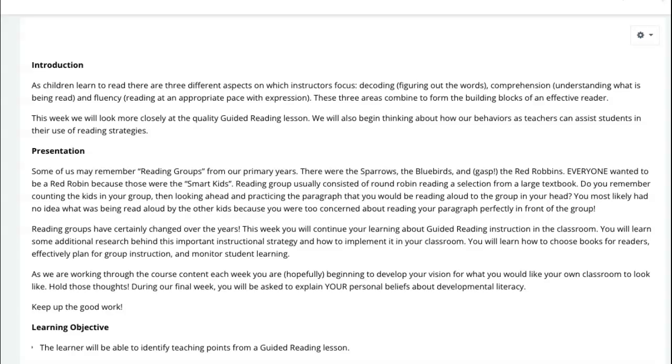For example, if you want an early reader to read without pointing under each word, you would prompt, "Read it with your eyes." But before you can use that prompt, you have to teach the prompt, which means that you're going to demonstrate reading a page with your eyes.